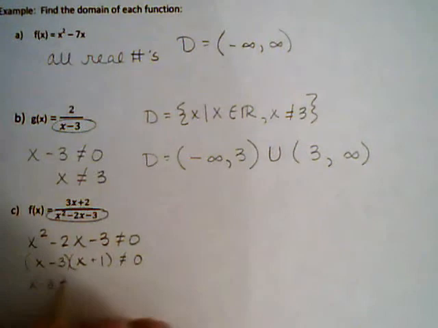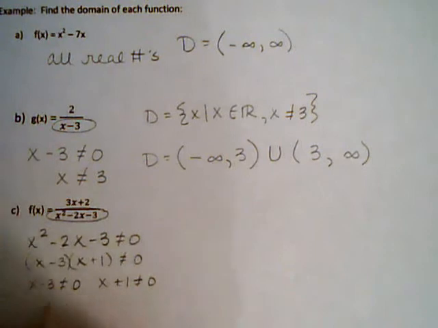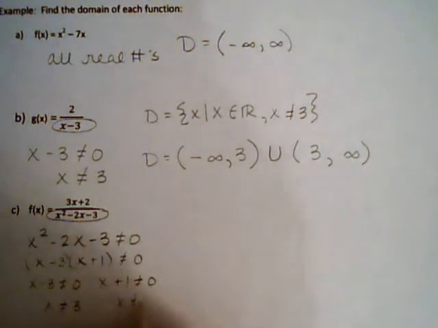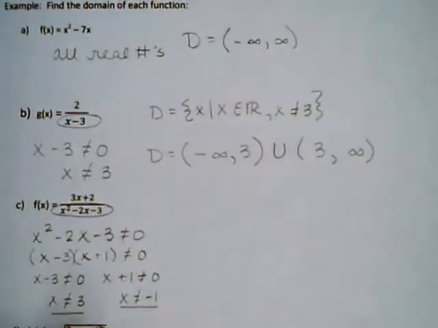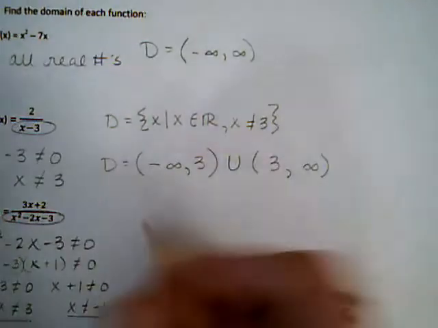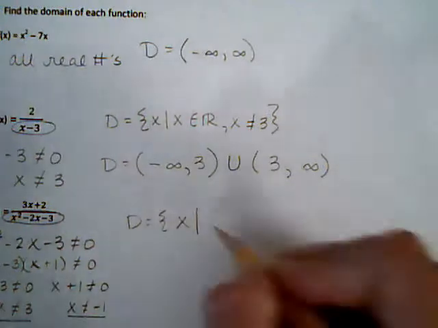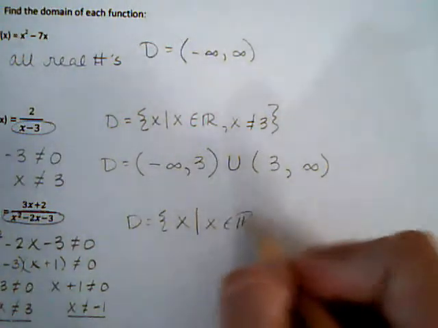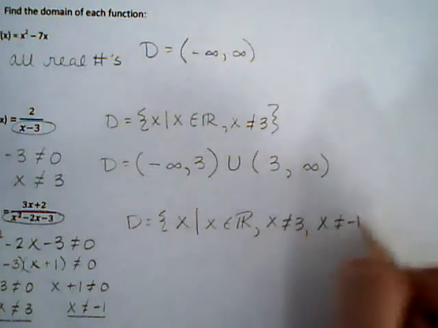And then we would set each of those not equal to 0. So this means x could not equal 3 and x could not equal negative 1. Those are the only two numbers that we need to exclude from our domain. So again, set notation: the set of all x such that x is an element of the reals, x cannot equal 3, x cannot equal negative 1.